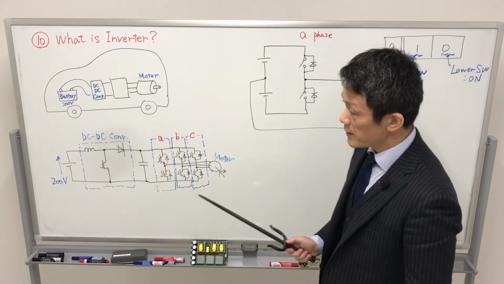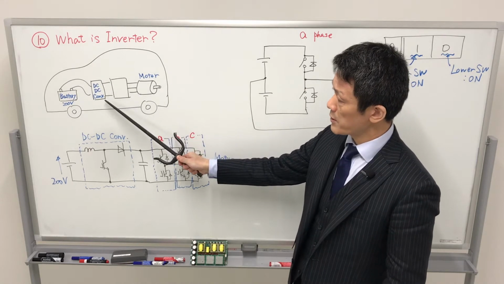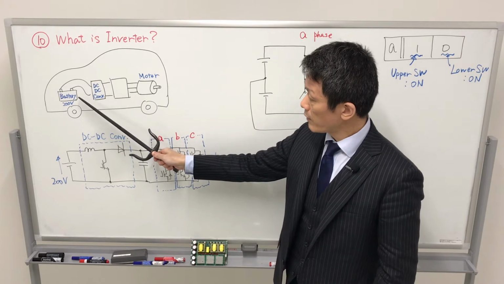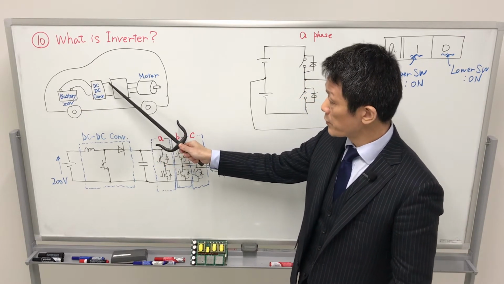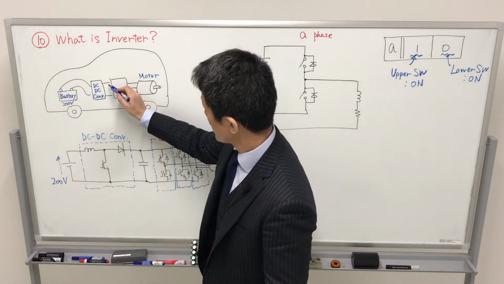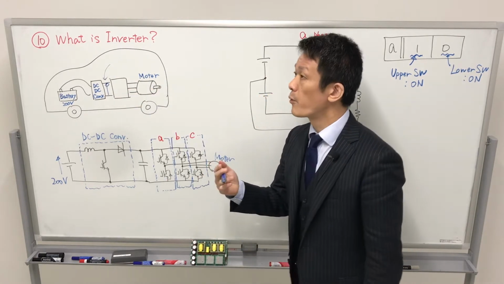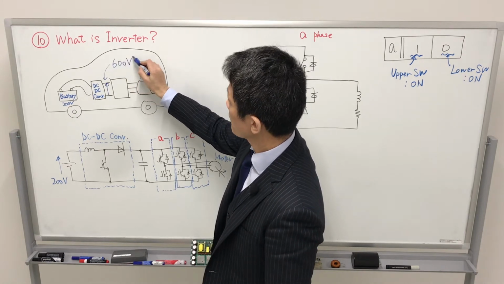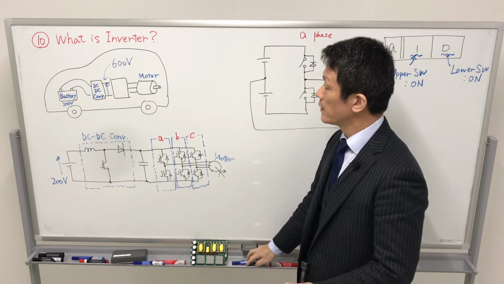We have discussed the DC-DC converter before this lecture. DC-DC converter means the battery voltage is boosted up. In case of the Prius, the current model is the 4th model.